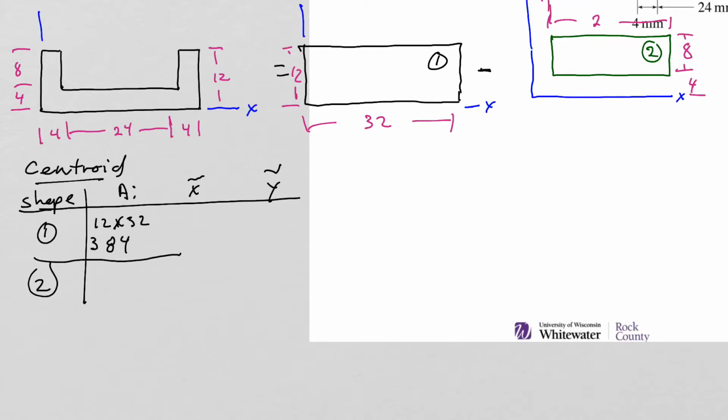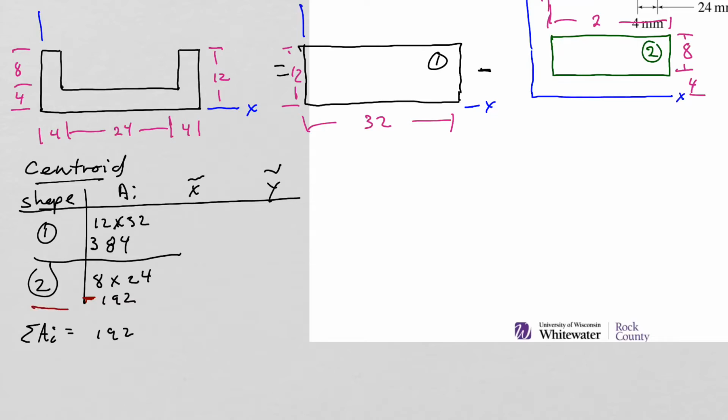For shape 2, we have 8 times 24, that gives us an area of 192. So if I sum up all the A's, our total area is, again, 192. And the reason being is this is a negative area, right? We're subtracting that area out.